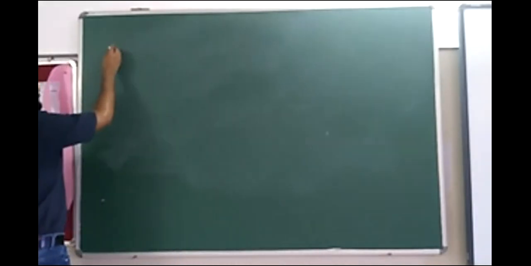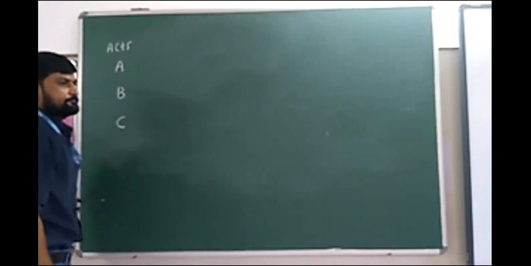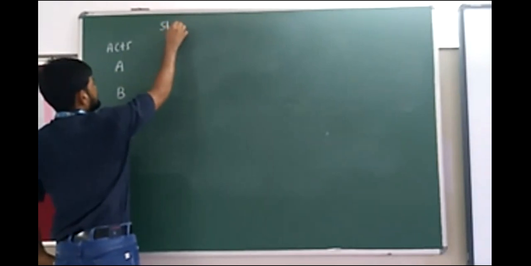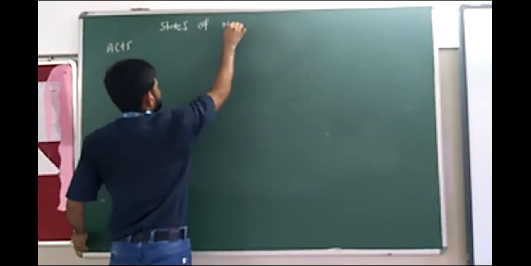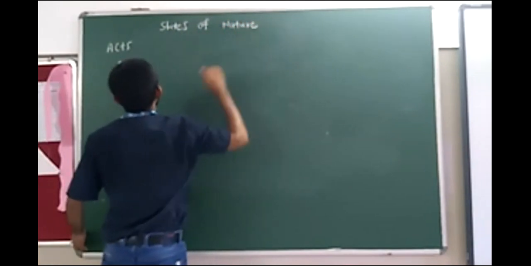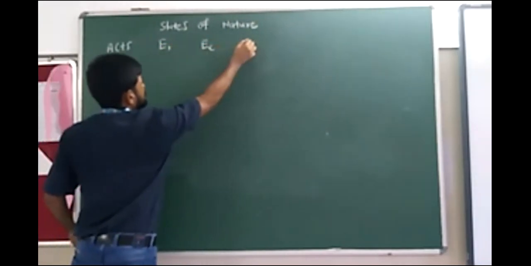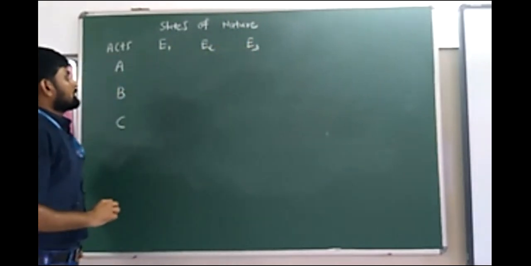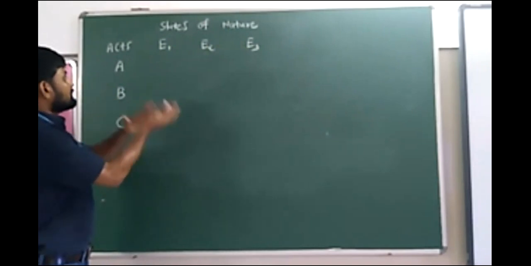For example, you have some acts, A, B and C, and we have different states of nature, E1, E2, E3, and we have different payoffs with respect to different states of nature for different acts.